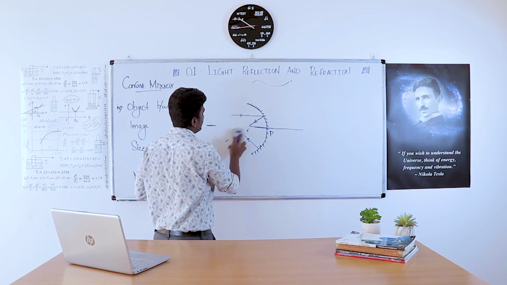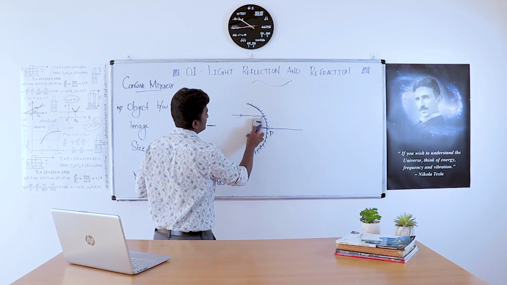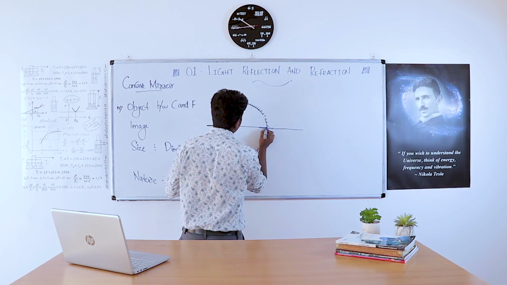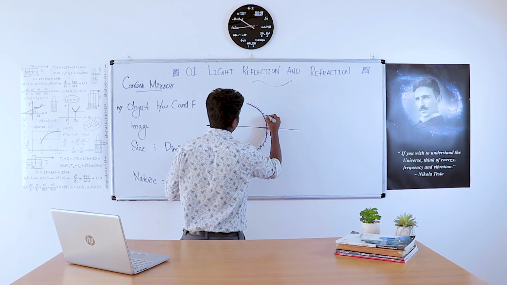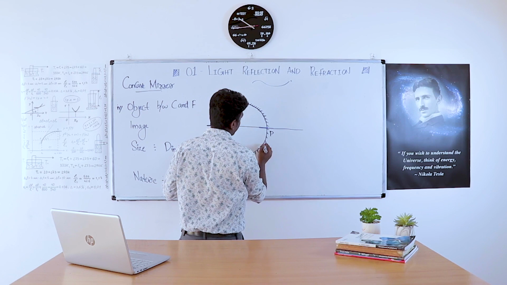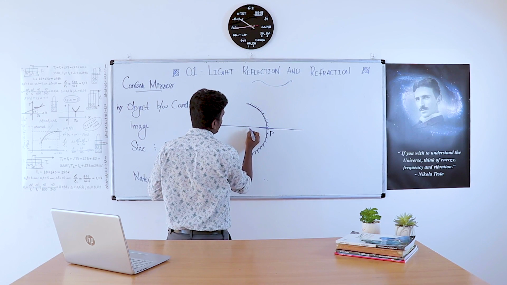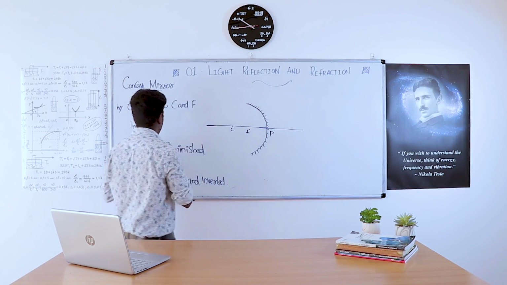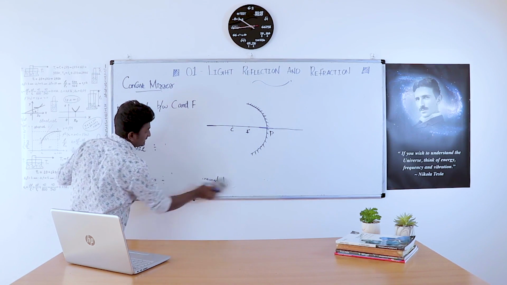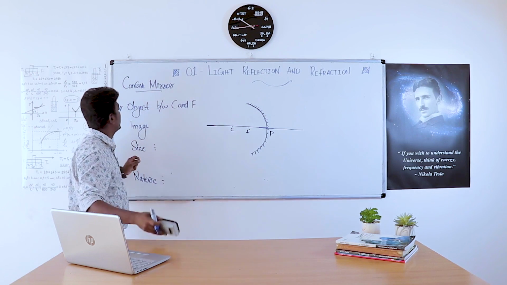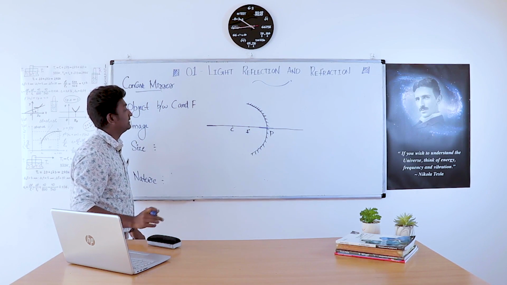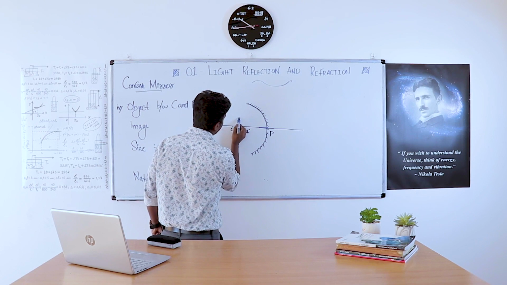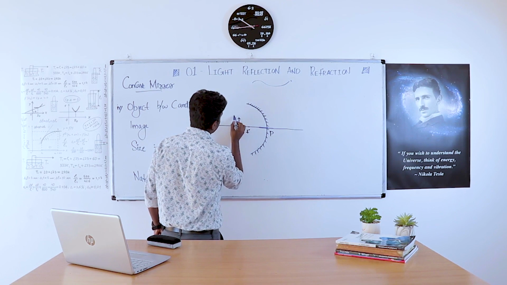So I am using the same figure: pole, focus, center of curvature. This is the fourth case where the object is placed between C and F. This is our object.